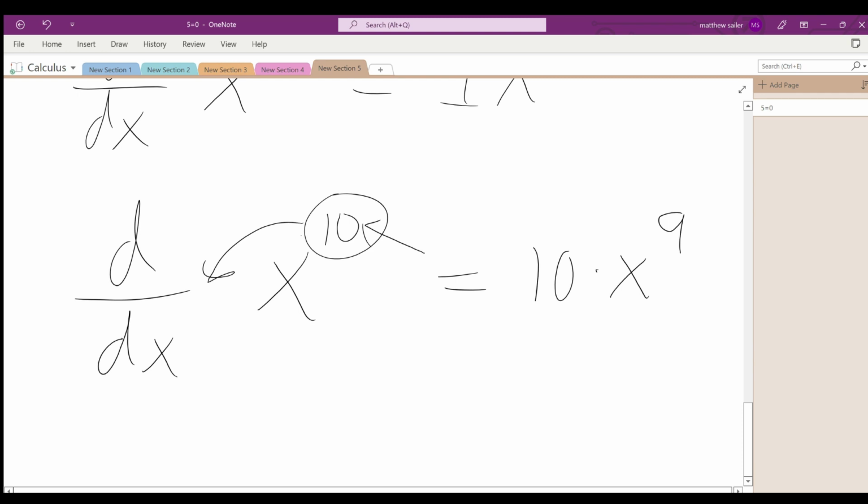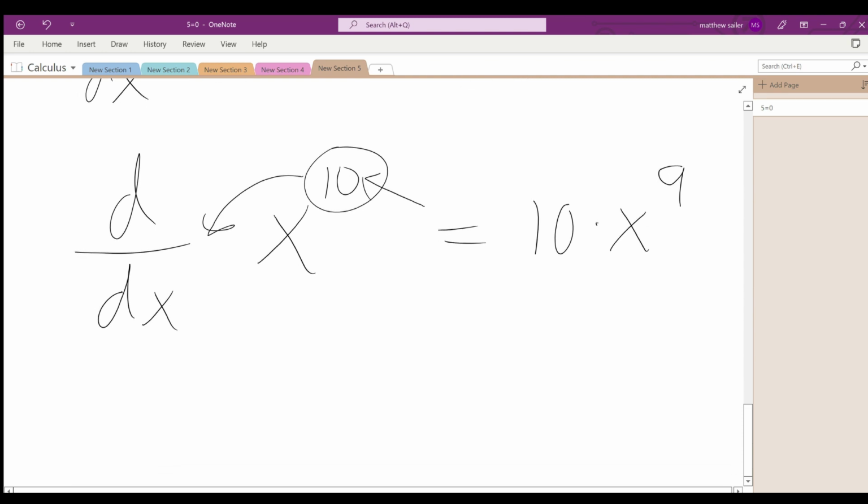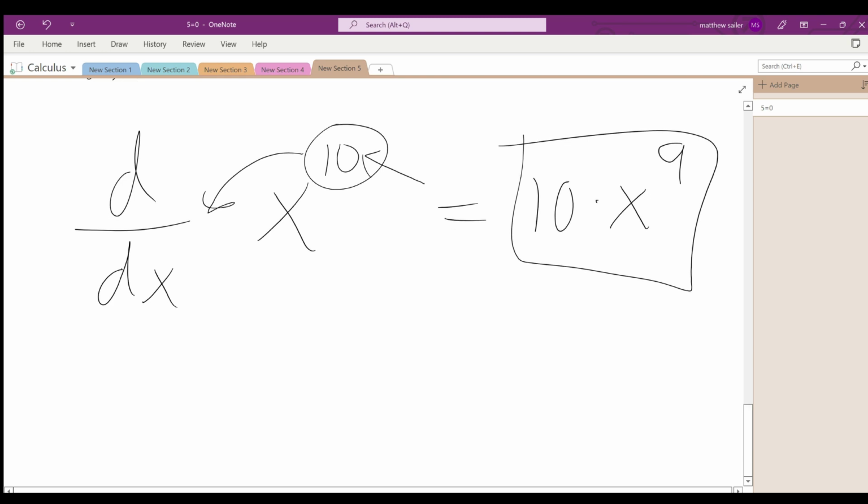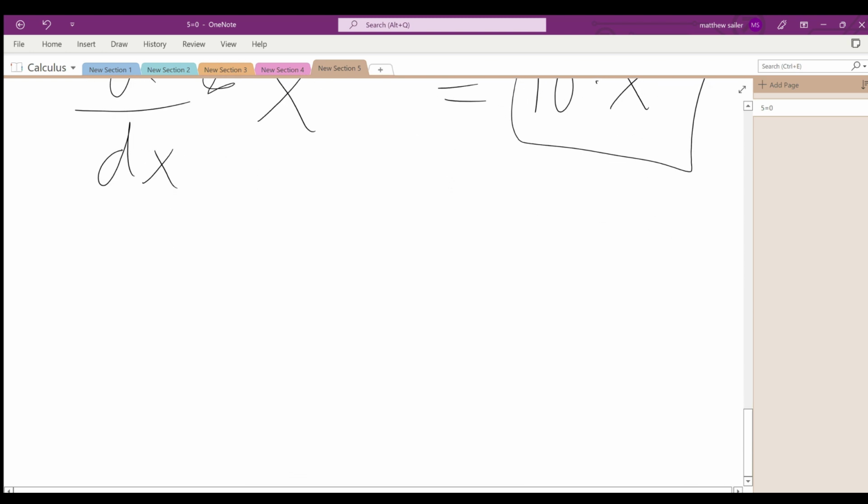So again, we brought the 10 out to the front, and then subtracted 1 from the original exponent. And this rule is more generally written as the derivative of x to the n is n x to the n minus 1. So this is the derivative rule.